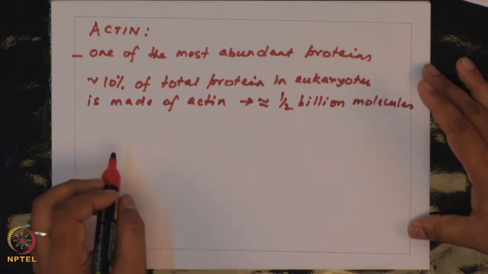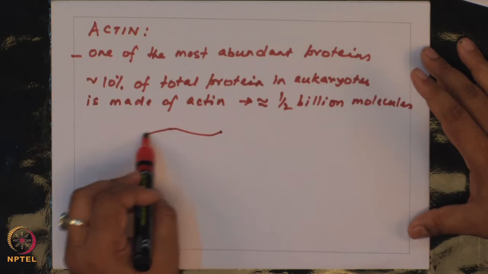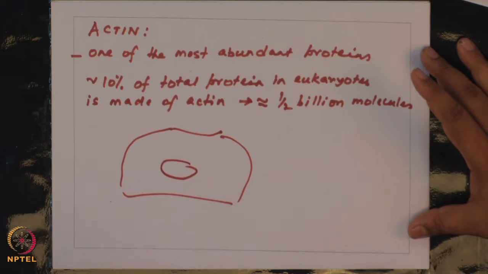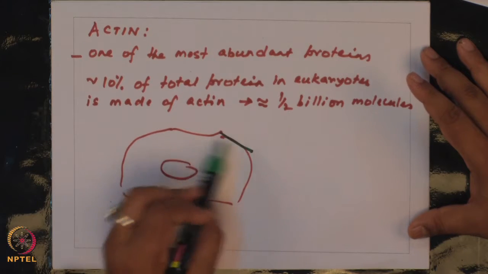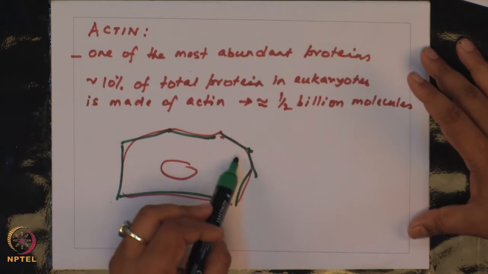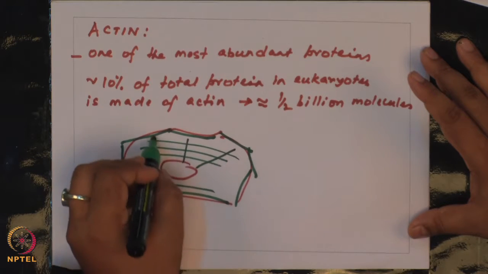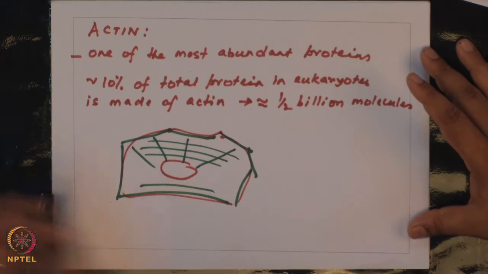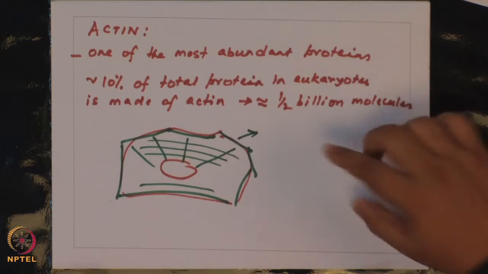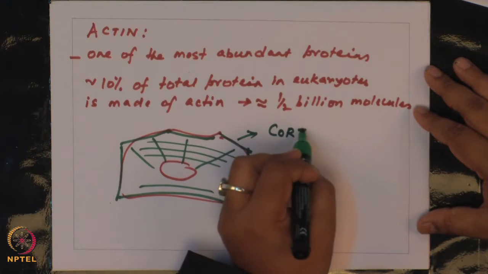Okay. So, if you look at an adherent cell, if I were to draw an adherent cell, let us say if I draw a cell like this and I look at the actin cytoskeleton, you might have these peripheral stress fibers. So, this is called the cortical actin network.